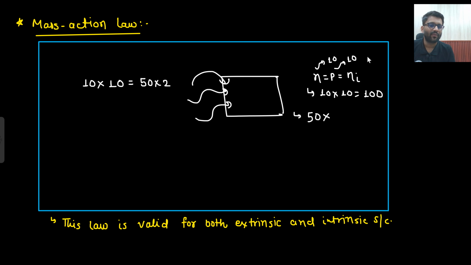Like, sir, how it will happen? Already 10 holes were there. So what happened to those 10 holes? So what really happened was, let's just say there was electrons. Because of the thermal temperature, these electrons are created here and these holes are created here, right? And then you did doping.